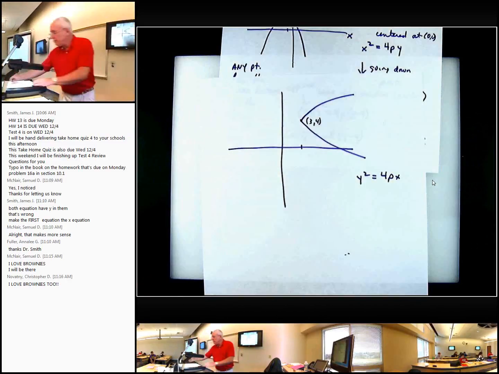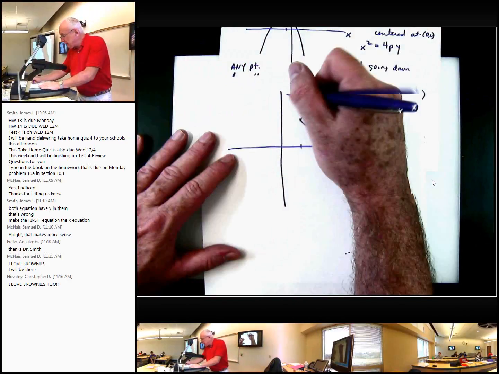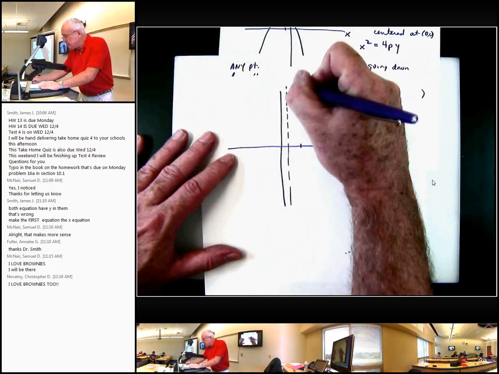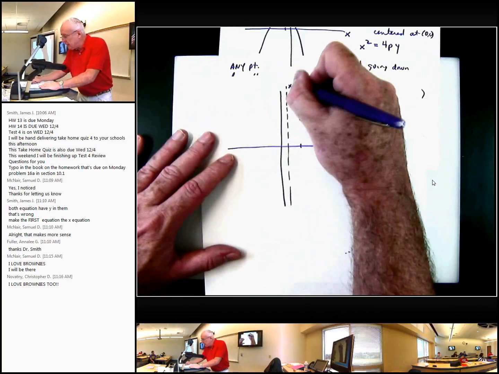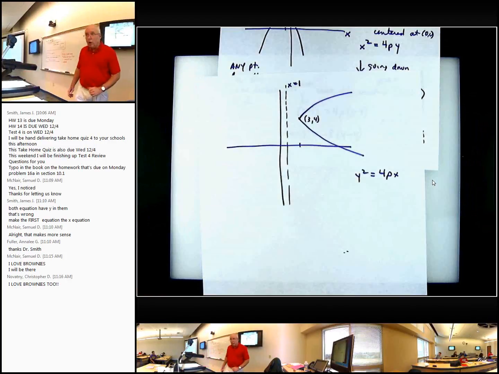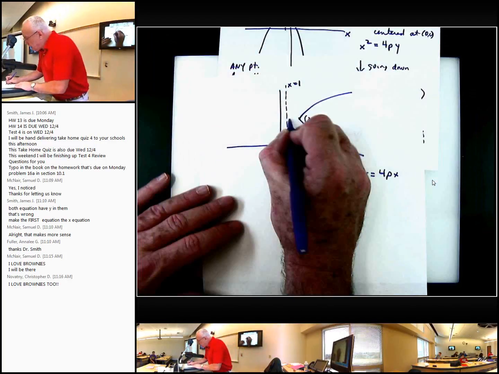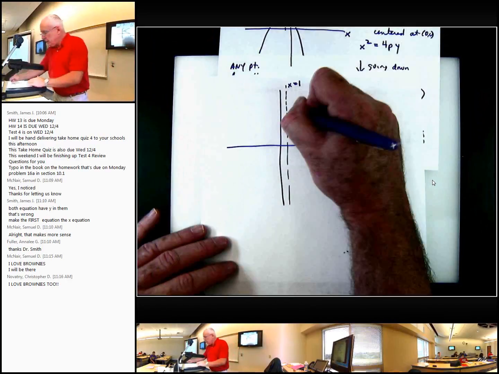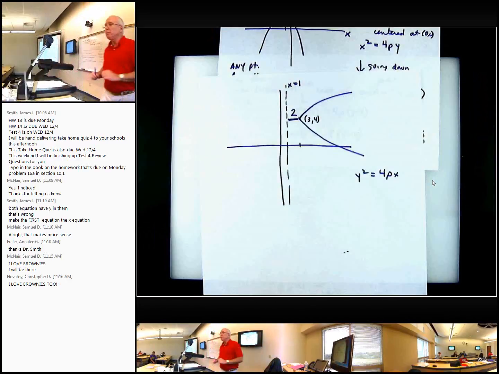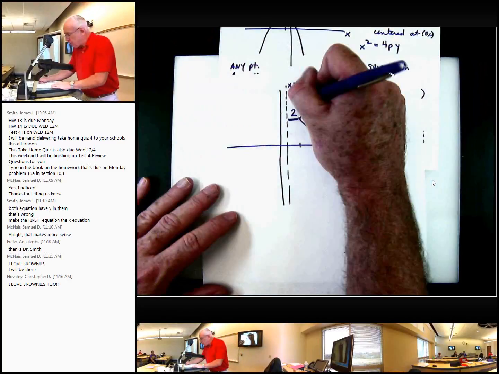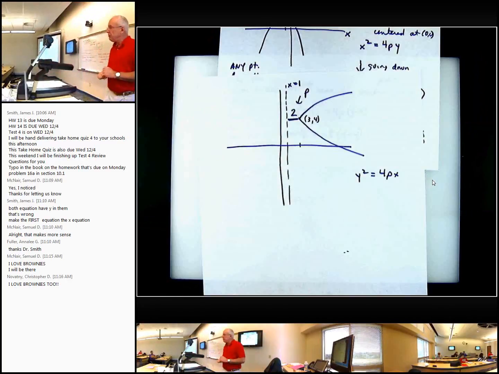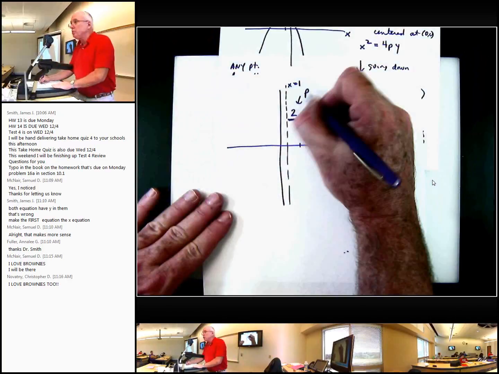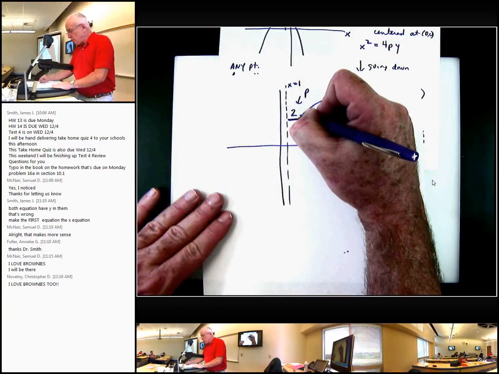That's the vertex right there. And let's say that the directrix is the vertical line x equals 1. The distance between this vertex and this line is a distance of 2, right? So this would be our p-value right here. Because it's going to the right, it'll be the positive 2.